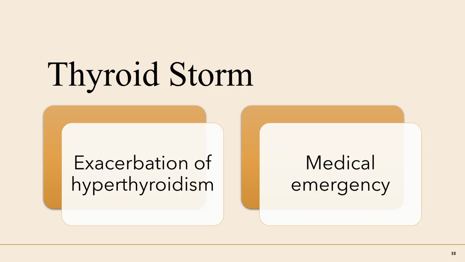Precipitating factors include uncontrolled hyperthyroidism, especially in individuals with Graves' disease, infection, trauma, emotional stress, diabetic ketoacidosis, digitalis toxicity, and it can also occur following thyroidectomy surgery due to gland manipulation. Thyroid storm represents an extreme exacerbation of hyperthyroidism rather than a separate disease process.